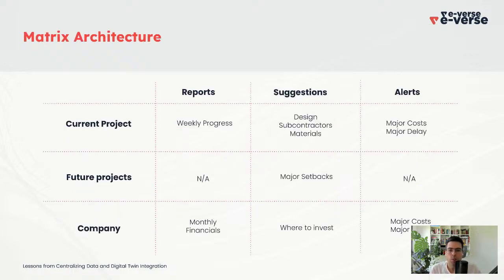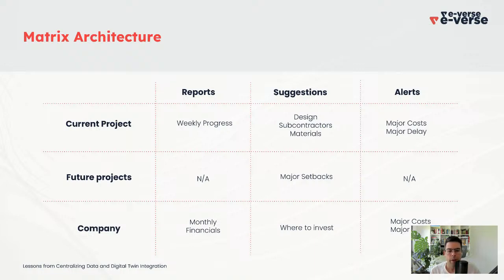And then we just did a matrix on how often we're going to do this and the scale. So basically, for example, reports, we were going to send weekly progress reports through Power BI. We didn't need a report for future projects, but the company wanted to get, for example, financials as reports.